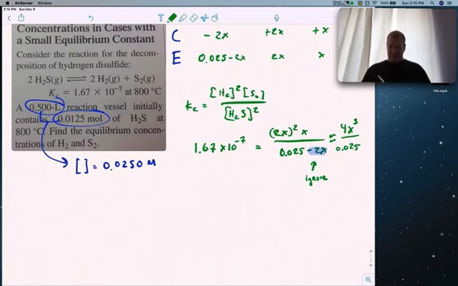So what we're at right now: 1.67 times 10 to the minus 7 equals 4x cubed over 0.025.